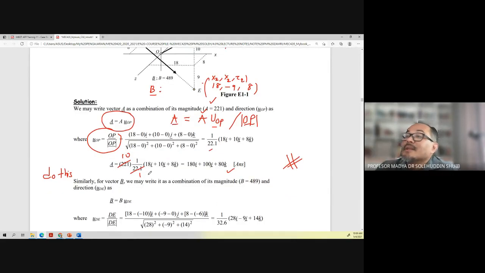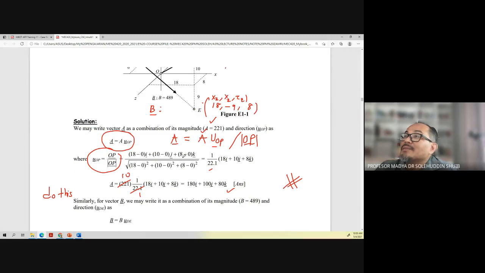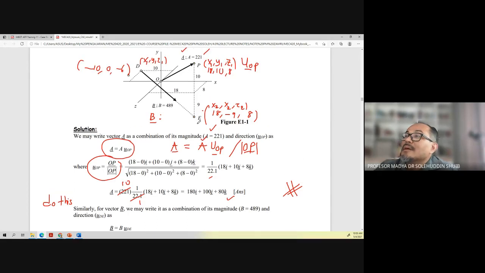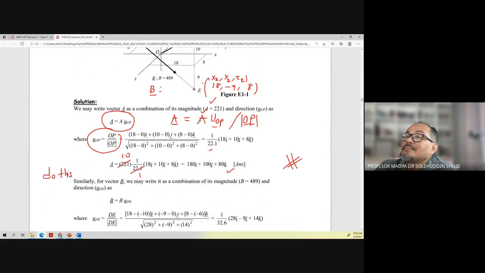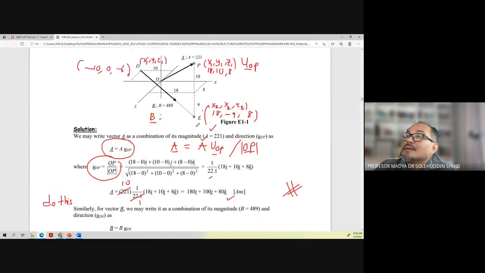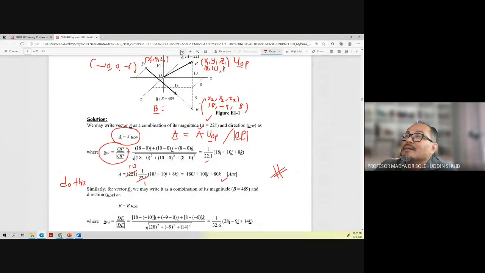So start with this one. Let me make it smaller. We have here 18, this is x2.